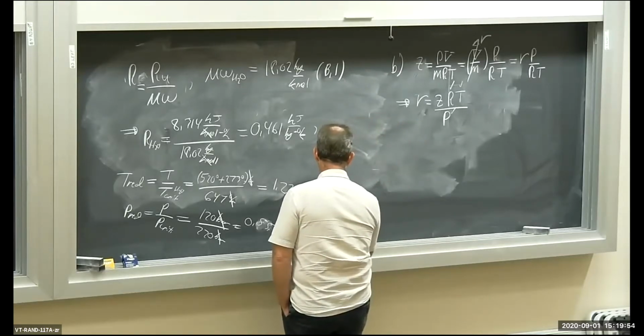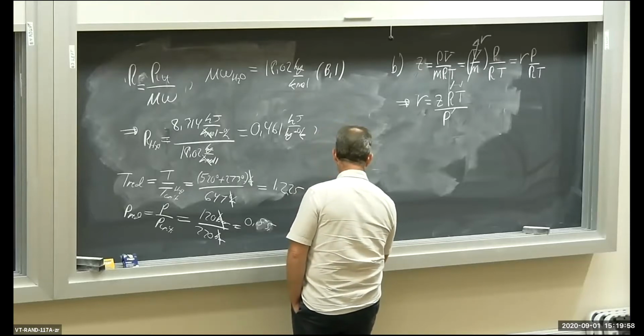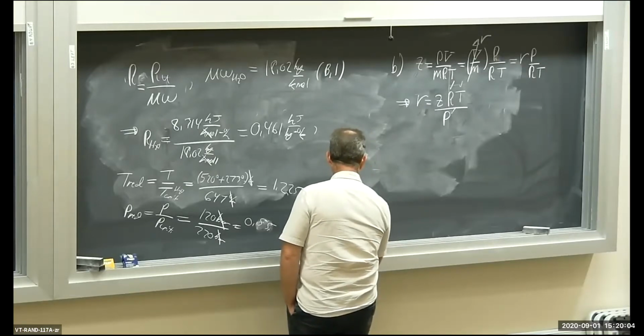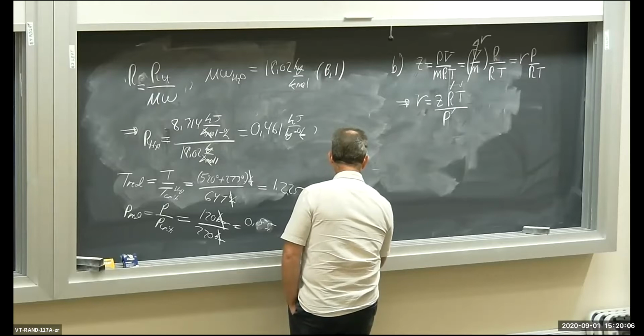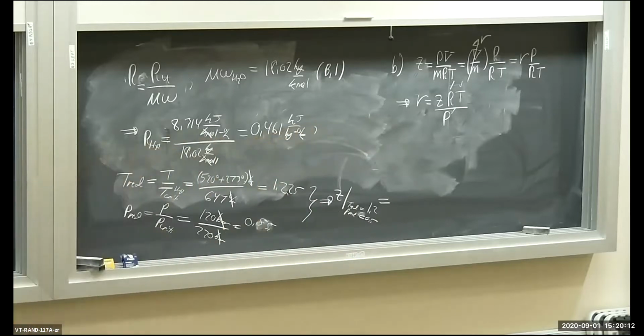So Z evaluated at a T reduced of about 1.2 and a P reduced of about 0.5. Let's get the compressibility factor from our compressibility chart. This is going to be kind of an eyeball affair.